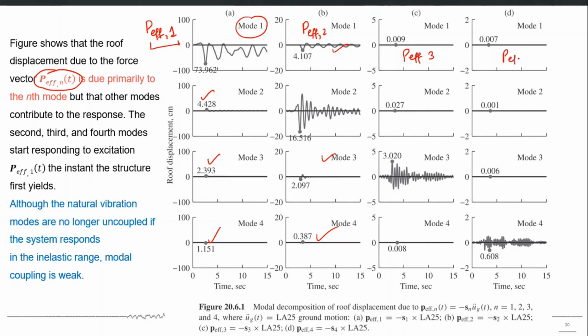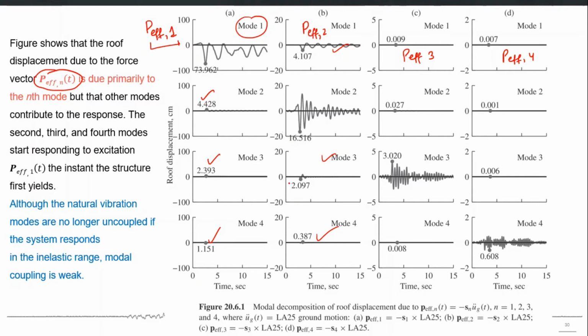So Chopra showed that when you apply the effective earthquake forces of a particular mode, even if the structure is nonlinear, mainly the response is only in that particular mode, right? And the response contribution from other modes, which occurs because of the coupling of mode shapes in the nonlinear range, can be ignored or is negligible, right?